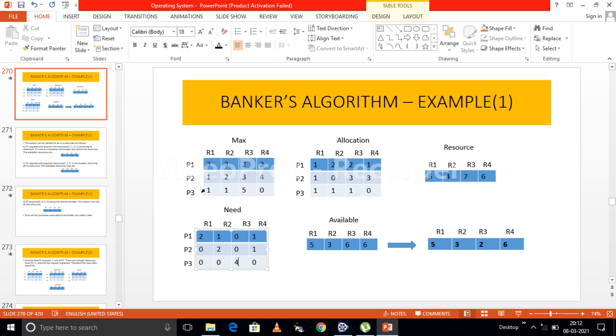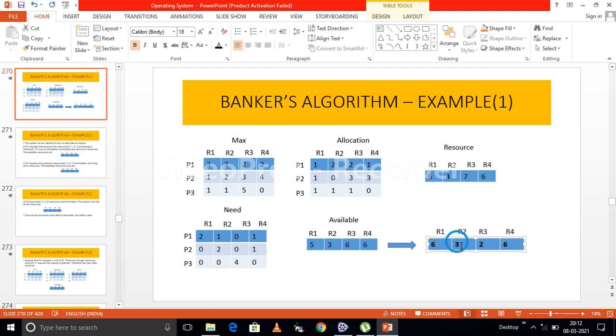P3 was holding these many resources after allocation, so it is going to release them. We remain with 5, and P3 is going to release 1 instance of R1. So 5 plus 1, we have 6 instances of R1 available.